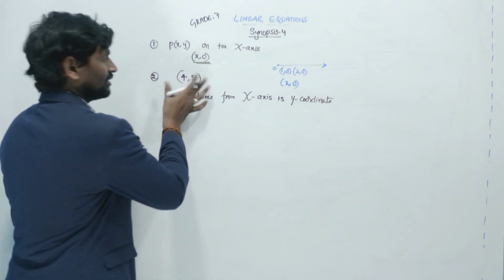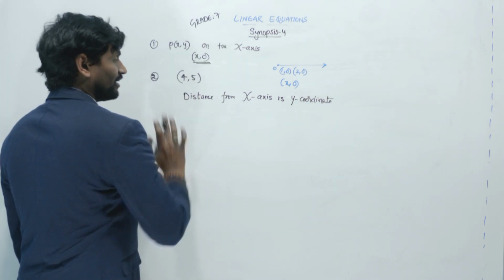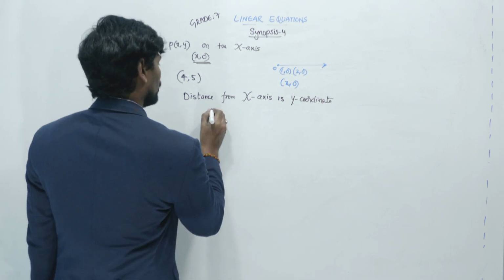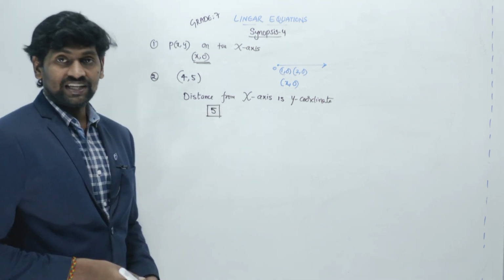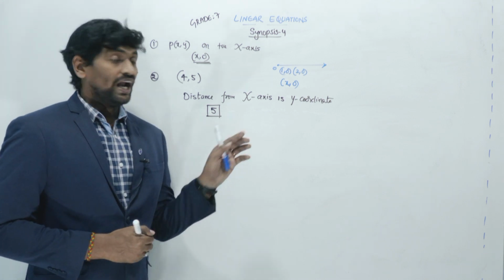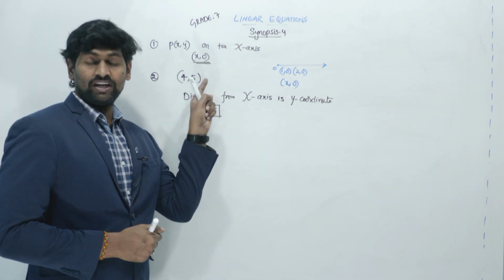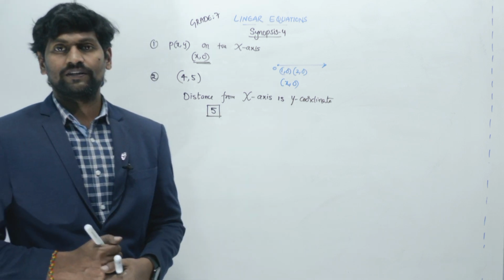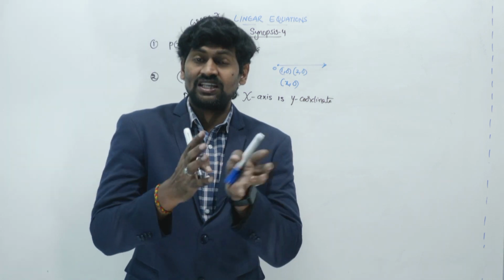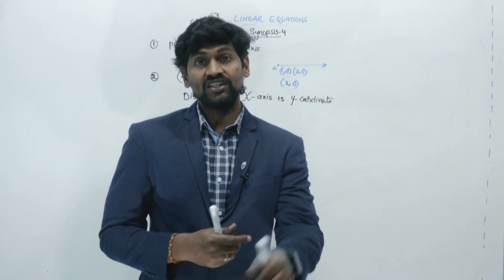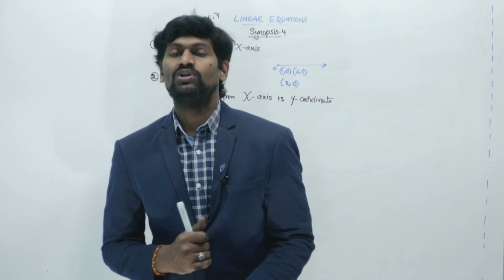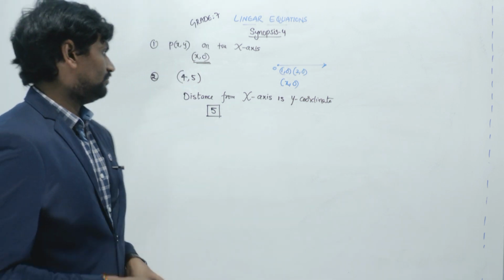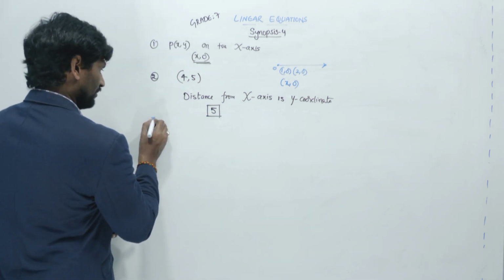So in the given point (4, 5), what is the y coordinate? The y coordinate value is 5. So therefore the perpendicular distance from the x-axis is 5. And even if it is given minus 5, we should take only plus 5, because the distance is obviously in the positive manner, not in the negative direction. Direction can be negative, but the value is positive only. Okay? Right. Now question number 3.